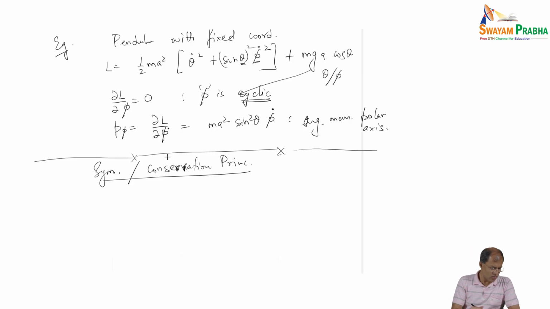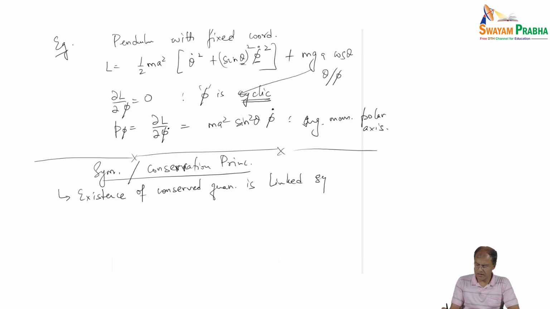So the main focus here is the existence of the conserved quantity and how it is linked with the symmetry of the system. We are going to introduce two results for specific cases and then we'll generalize the result.